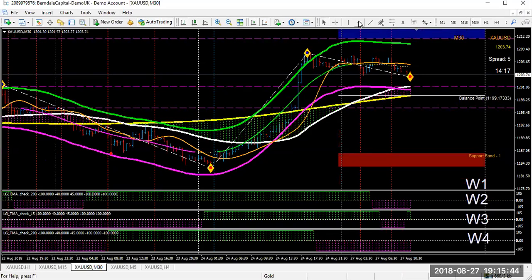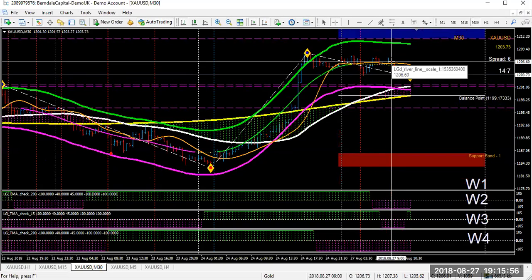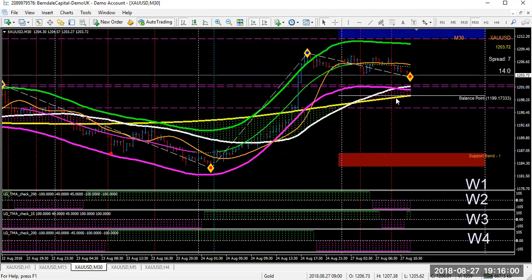Our 50 pips is close enough to our river, the other line that we've read. Okay, so, and you can see the white trend line there. So this area there is quite an attractive place for price action to go.